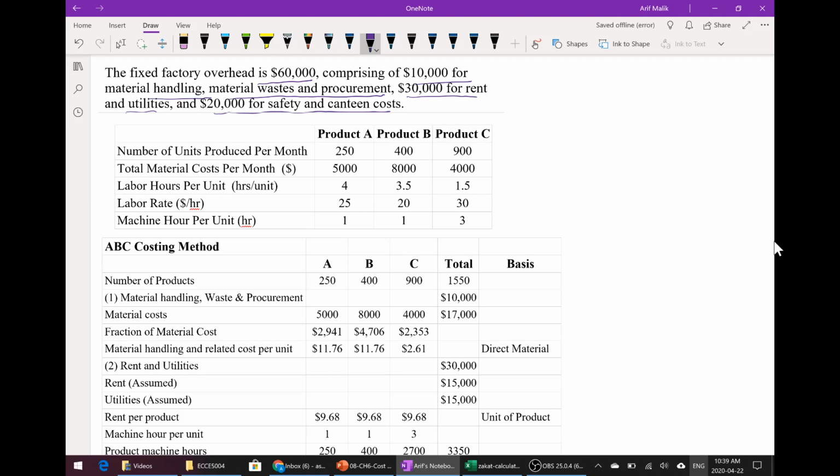The number of units produced per month is 250 for product A, 400 for product B, and 900 for product C. The total material cost per month is 5,000, 8,000, and 4,000.